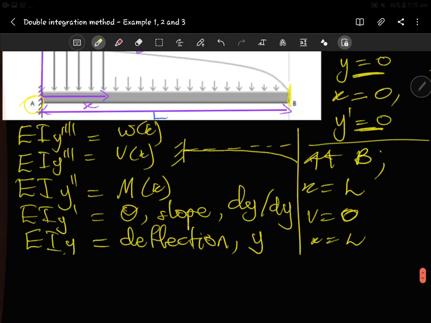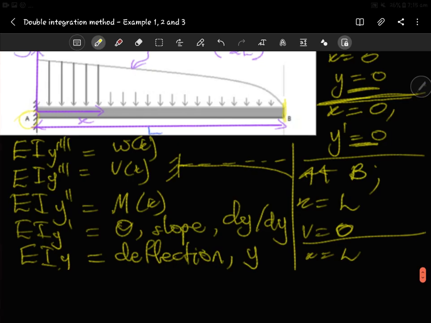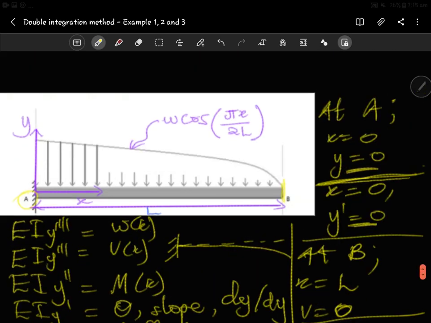And then at that same point where x is equal to L, we also have our M, our moment, being 0. Why? Because at this very end, looking at how this force is applied, you see that this is where there's resistance.